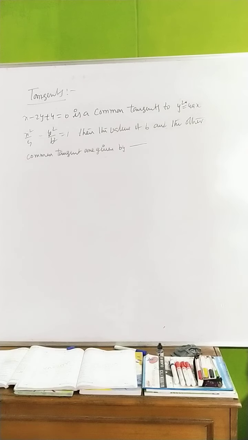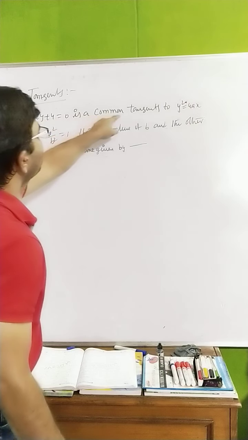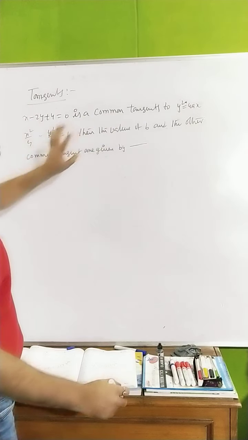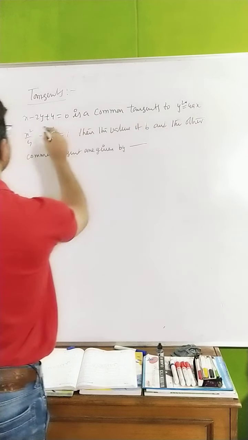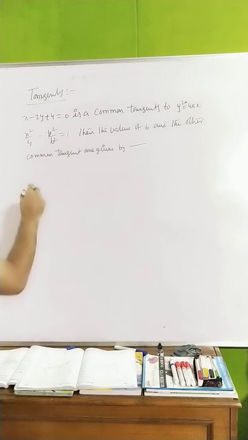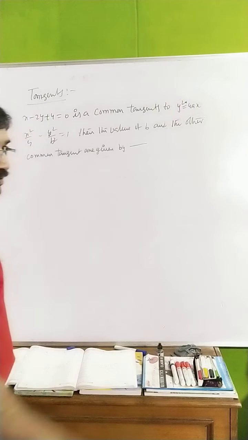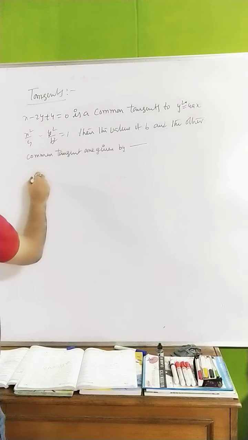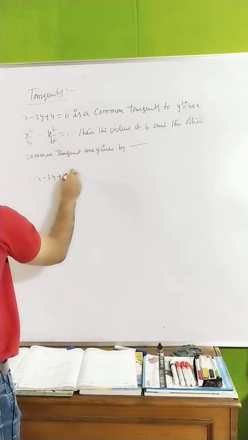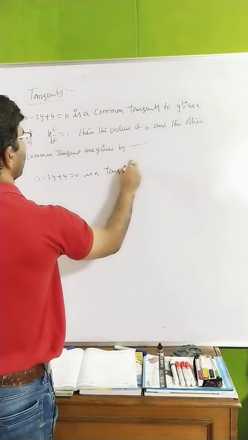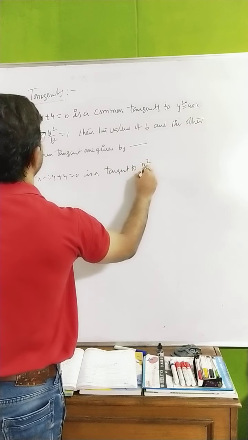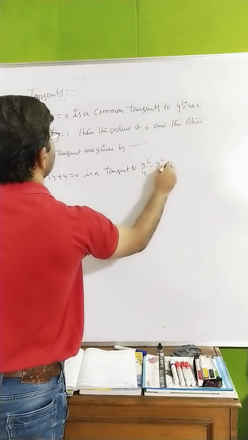Okay, see here students, one more question. It is a common tangent to these two. A common tangent to these two means, see here, what is b? First of all we have to find b square. So that means x minus 2y plus 4 equal to 0 is a tangent to x square by 4 minus y square by b square equal to 1.